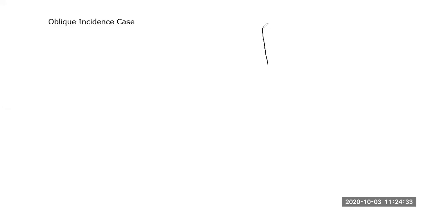So now we have a situation. Again, the coordinate system is drawn in the same manner. This is z equal to 0, and this is the boundary.